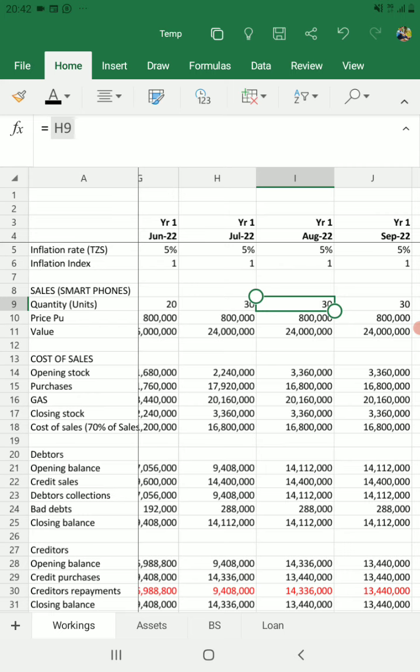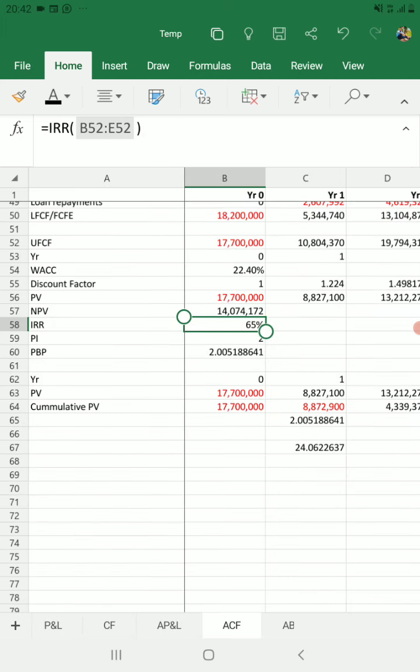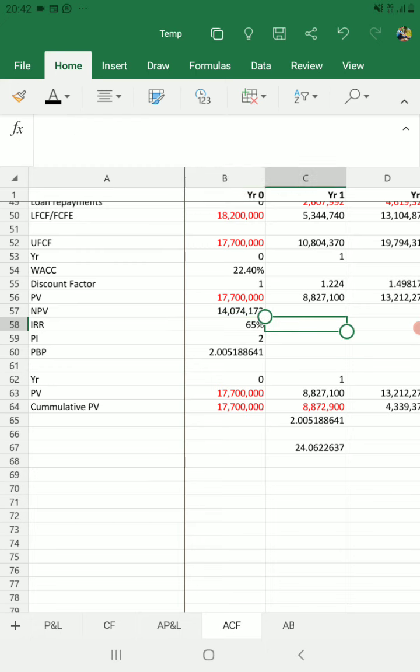Let's see what that one will give us in terms of our valuation metrics. Okay, now it's at least plausible, because you can see the IRR now is 65%. So at least these are plausible business valuation metrics.